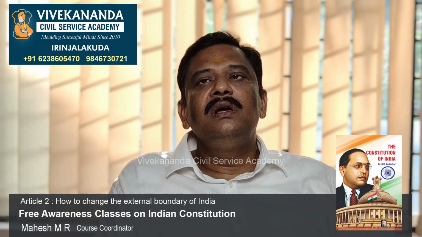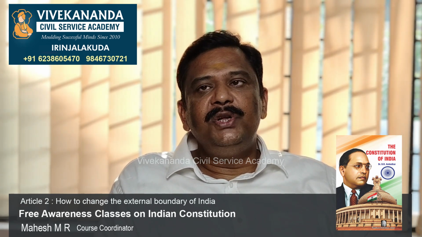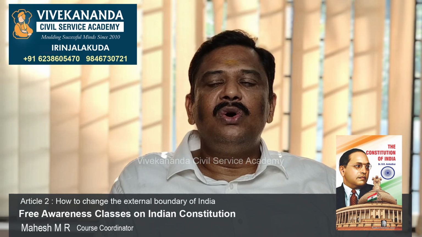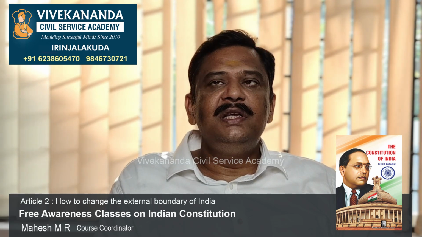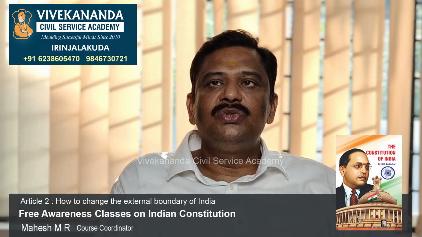But during the time of British rule, there were two types of territories. One type was under the direct control of the British government, and another type was ruled by princely states after admitting the suzerainty of British rule in India.